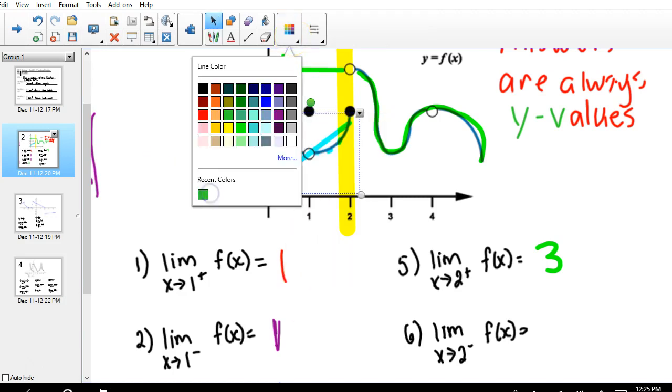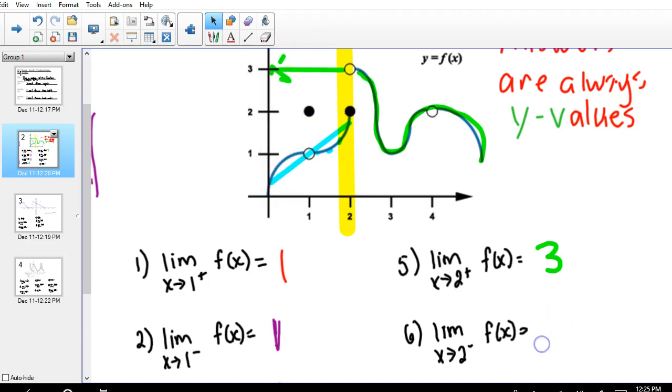It won't let me write or do anything I want to do here. So it approaches 2 there. That's our y value. Always make sure you're reporting the y value, not the x value. It can get a little confusing, but if you just remember you always have to give the y coordinate, that helps.